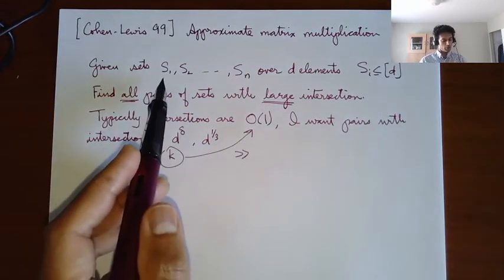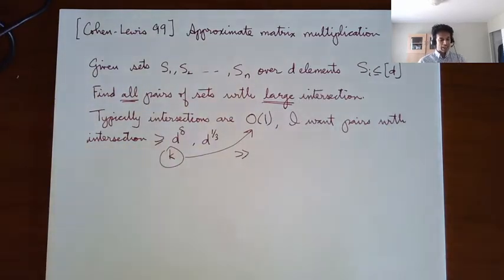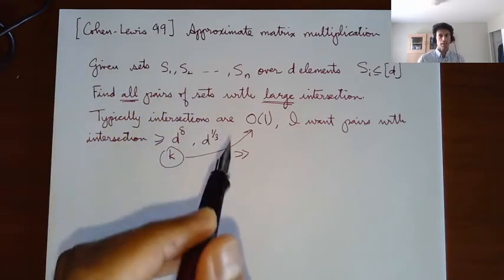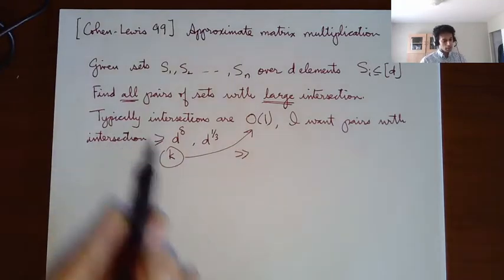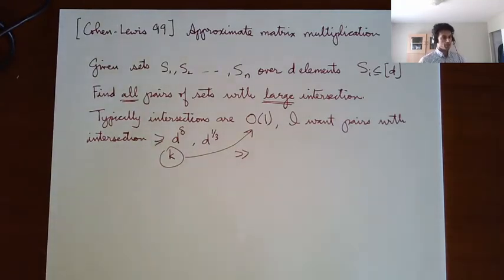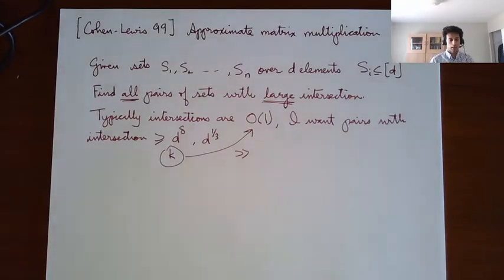So for each person, the D elements would represent different interests, and in this case the interests would just be Boolean, and so each person, which is one of these sets, has a collection of interests that they are interested in, and we're trying to find all pairs of people who share lots of interests. And we typically might use this somewhere down in a recommendation system. And I'll give you actually the specific example that I have worked on relatively recently.